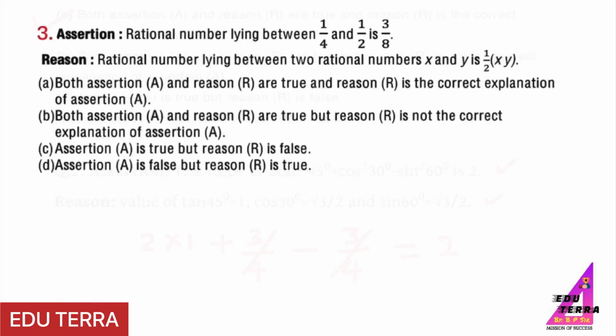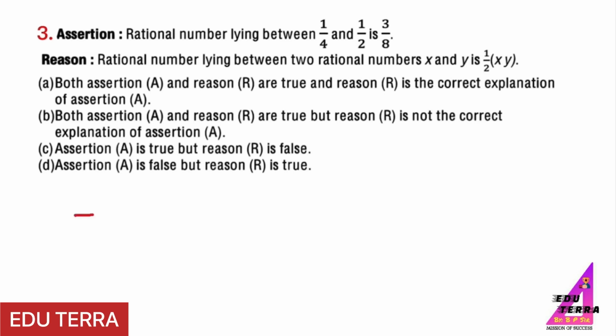Now third one, assertion: rational number lying between 1 by 4 and 1 by 2 is 3 by 8. Reason: rational number lying between two rational numbers x and y is 1 by 2 x into y. We will try to find the rational number between 1 by 4 and 1 by 2.